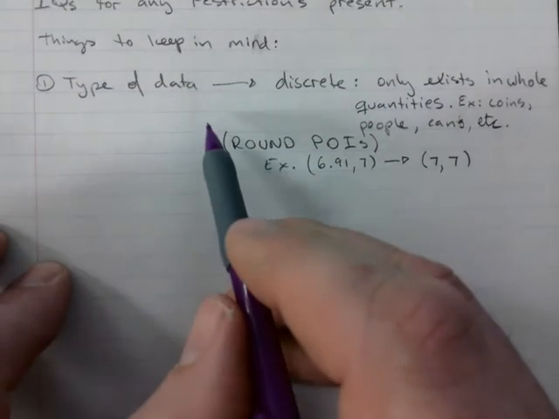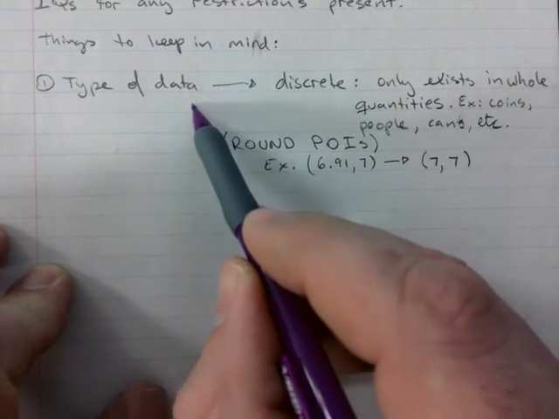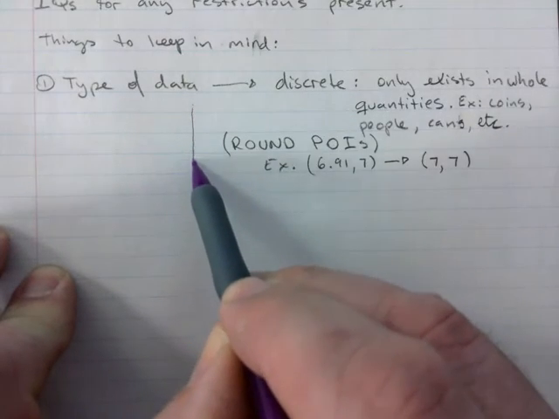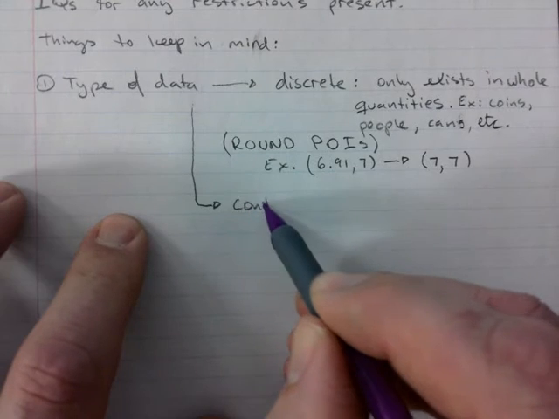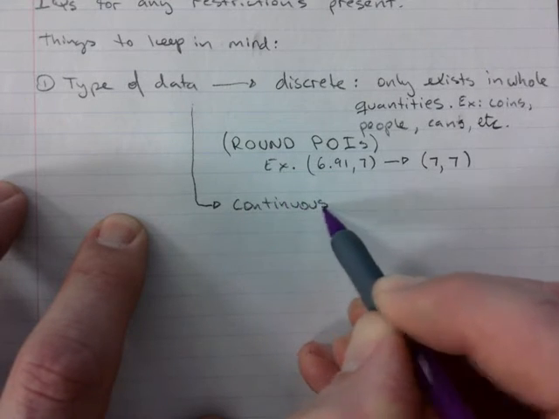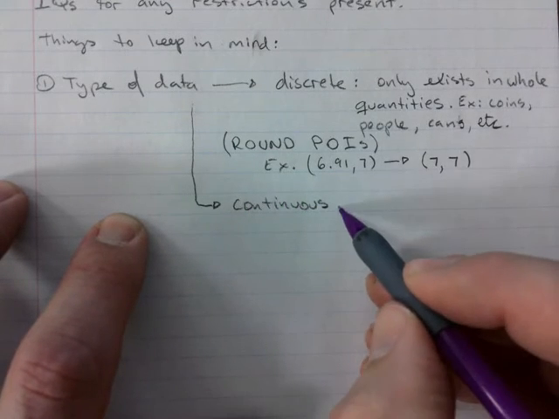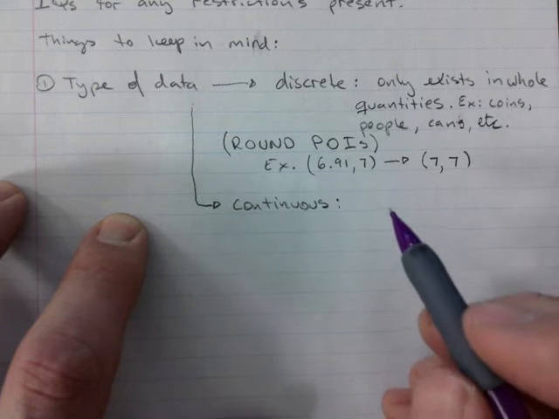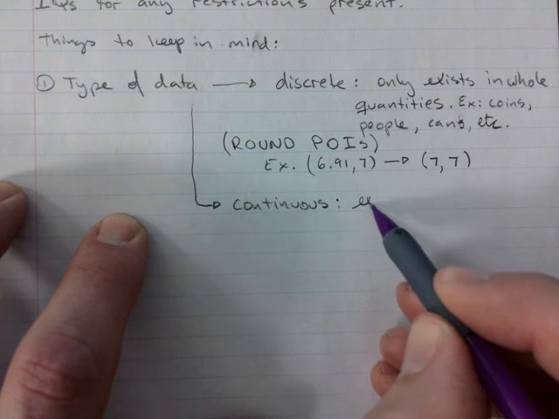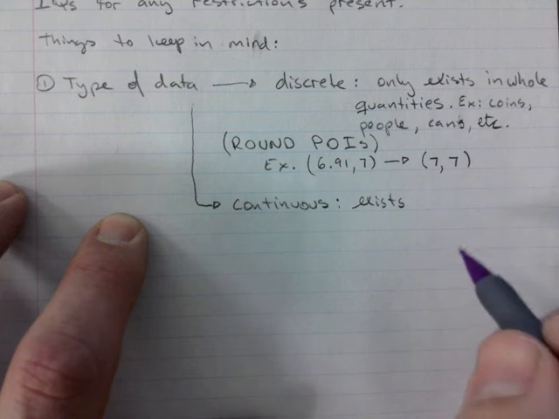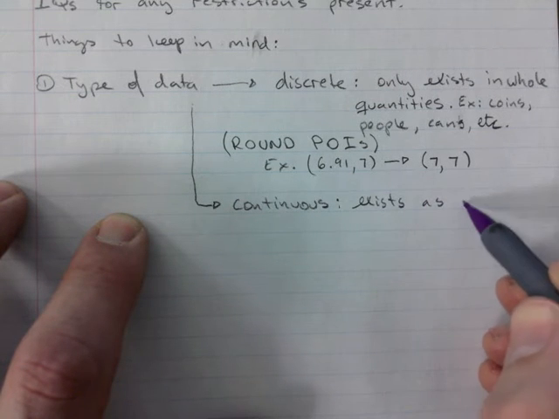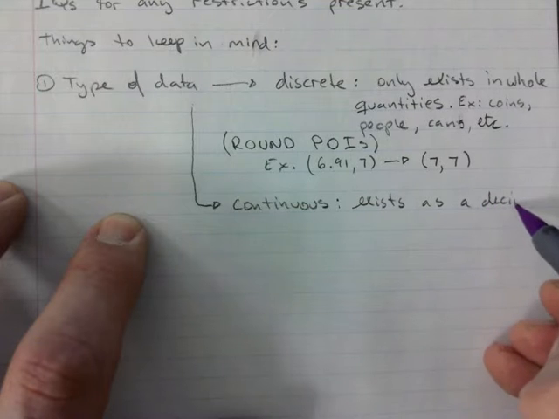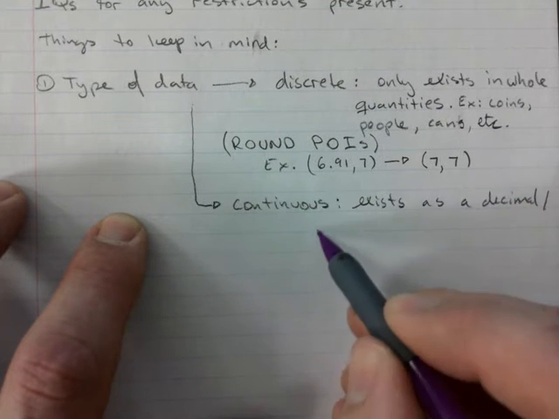The other type is continuous. You should remember this from IPR somewhat. It exists as a decimal or fraction.